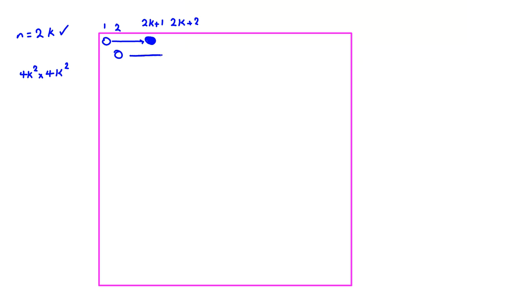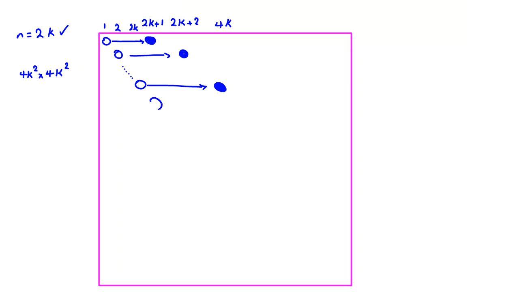Okay, and then you move it up to which part? If you consider for 2k, we move it to what? 2k plus 2k, which will be 4k.